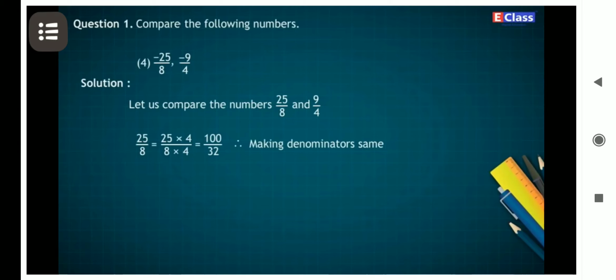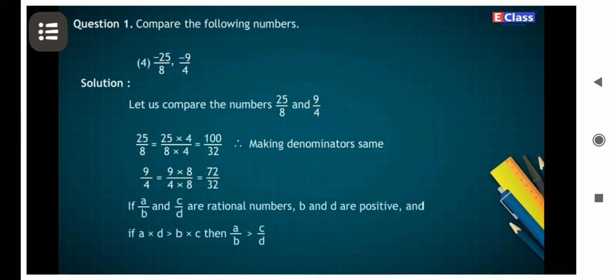Therefore, making denominators same, multiply numerator and denominator by 8. Therefore, 9 by 4 is equal to 9 multiplied by 8 wholly divided by 4 multiplied by 8, which is equal to 72 by 32.